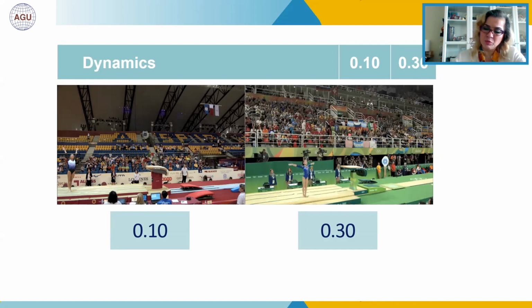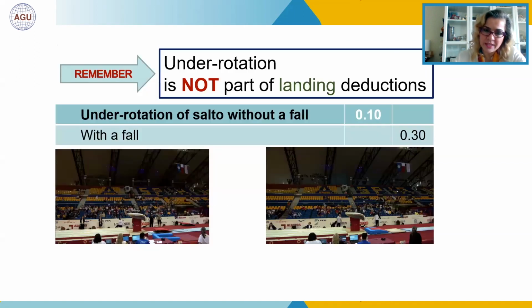Yes. Let's move to talk about another deduction in the second flight phase, which is the under rotation. And remember again, please, that the under rotation is not part of the landing deductions. It's still part of the second flight phase and the performed salto. So for under rotation, the maximum deduction is 0.3.